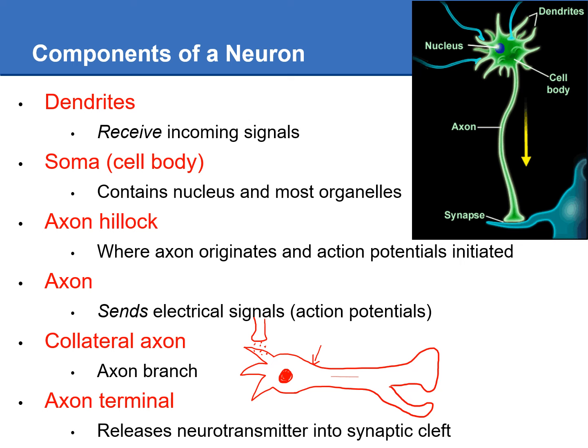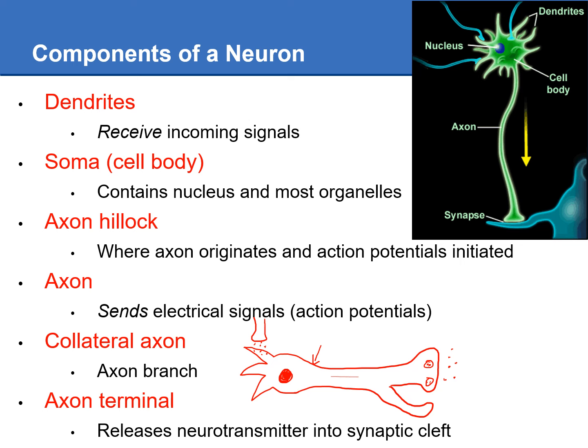And then the axon, the action potential will travel along there until it gets to the axon terminal, where the neurotransmitter will be stored. And when the action potential reaches the axon terminal, that'll trigger the release of the neurotransmitter into the synaptic cleft, and then the neuron will then communicate with the target cell.